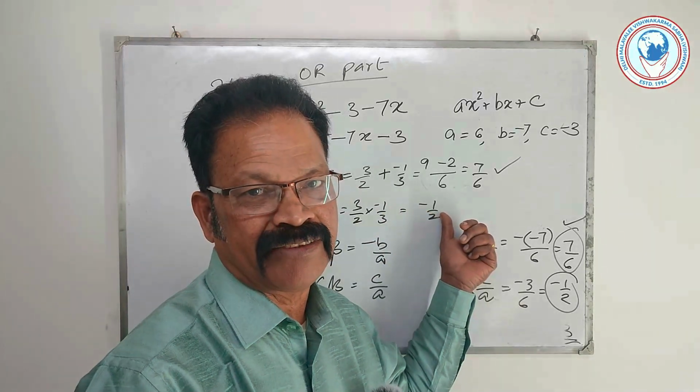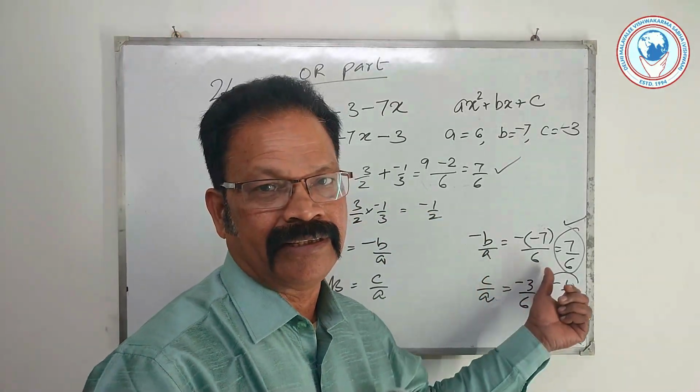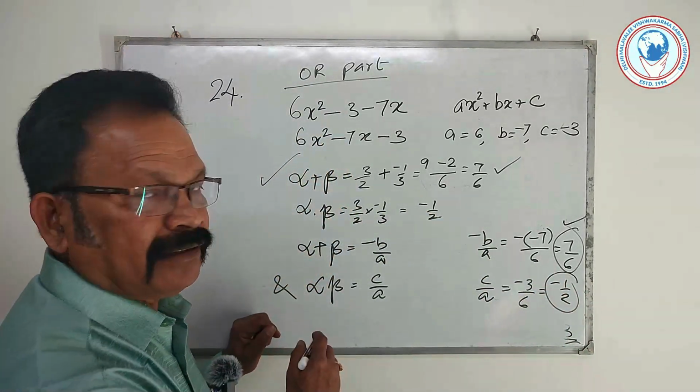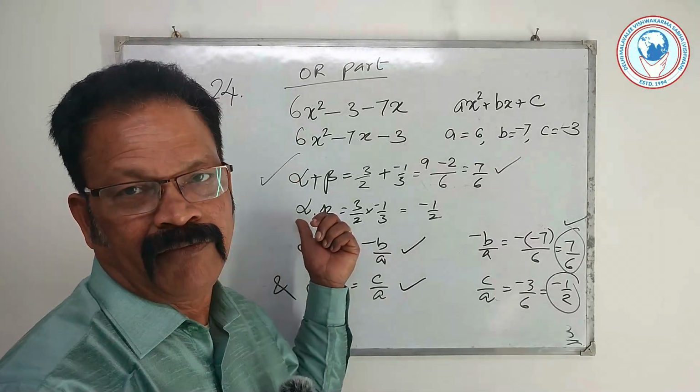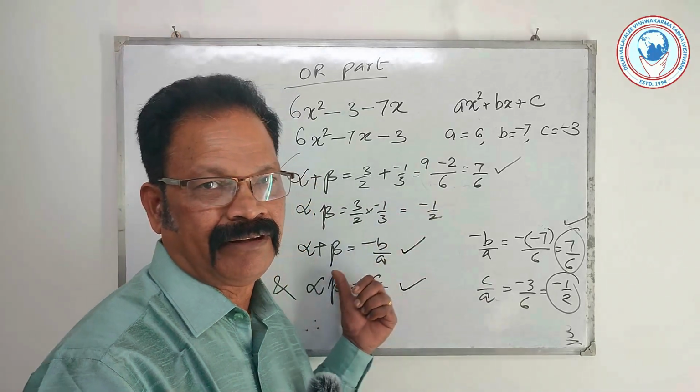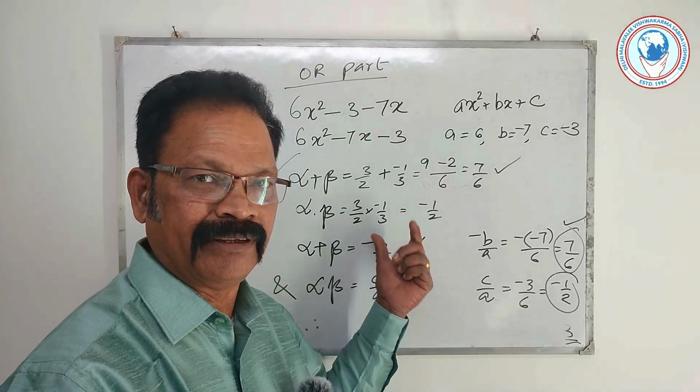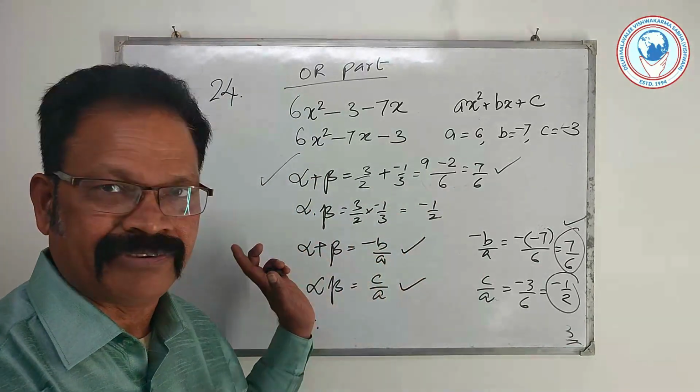Alpha into beta is minus 1 by 2. c by a is minus 1 by 2. Therefore, alpha plus beta is equal to minus b by a and alpha into beta is c by a. Relationship is verified.